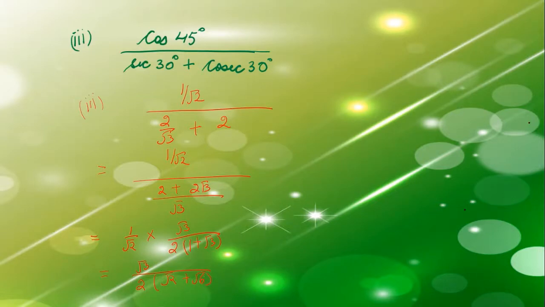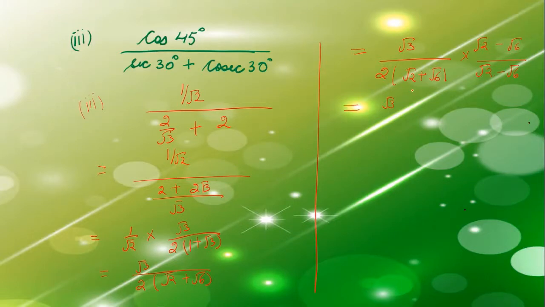Okay, now we will solve this. Now root 3 upon 2 root 2 plus root 6. So multiply by its conjugate. So it will be root 2 minus root 6 upon root 2 minus root 6.